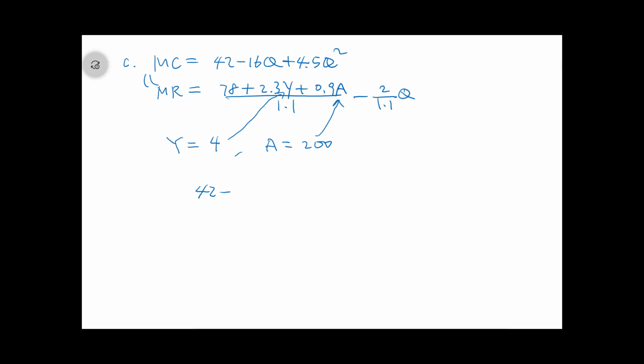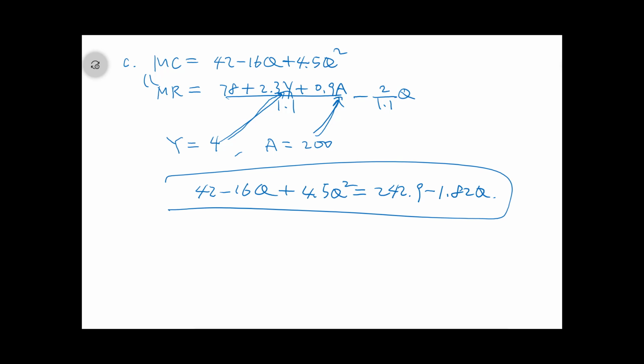So you're equating 42 minus 16Q plus 4.5Q squared to the marginal revenue, and when you plug these numbers in and calculate, you can find 242.9 minus 1.82Q, right? So solving this quadratic equation, if I rearrange it, I have 4.5Q squared minus 14.18Q minus 200.9 equals 0.